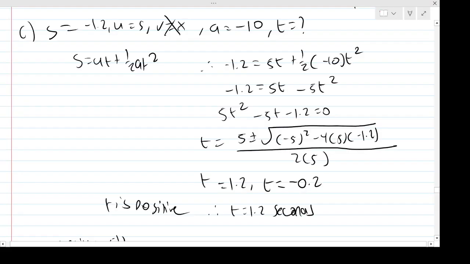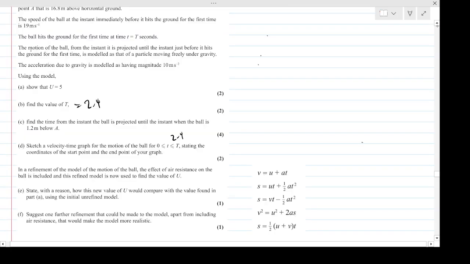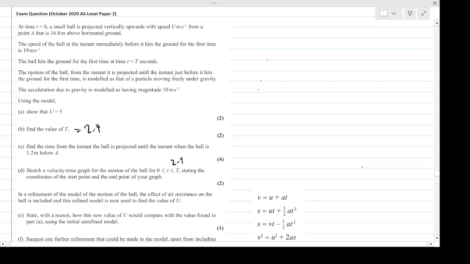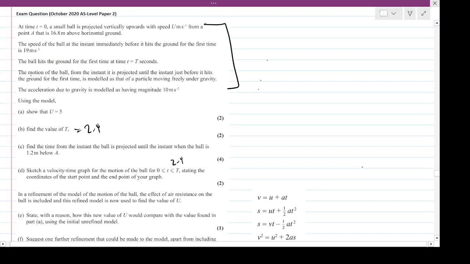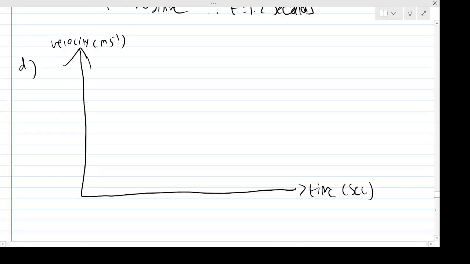Let's review what we're told. Initially at time 0, a small ball is projected upwards with speed u from a point that's 16.8 meters above ground. We only care about the speed essentially, so the speed is 5. So we start with 5. That's all I care about really. So the velocity needs to start at 5.